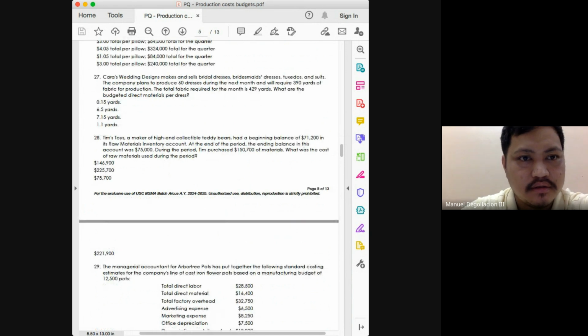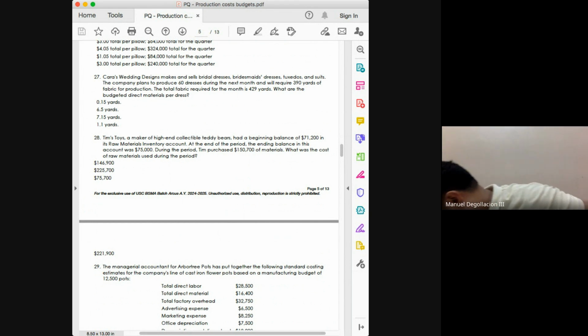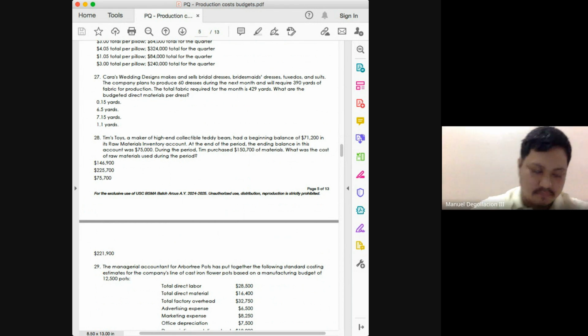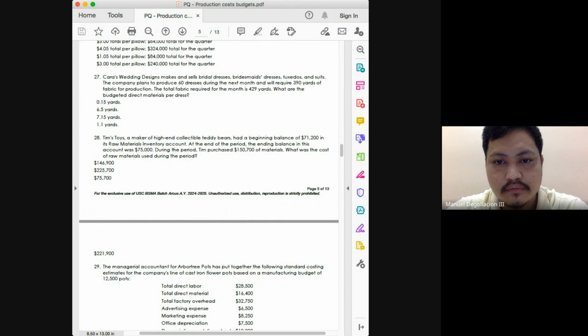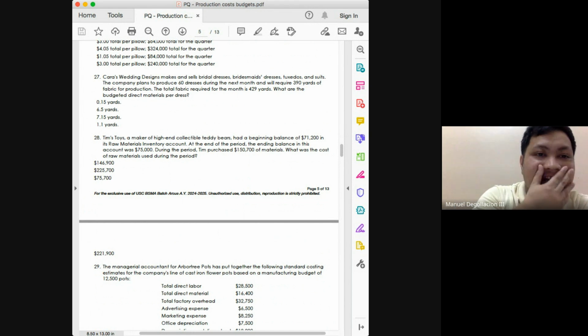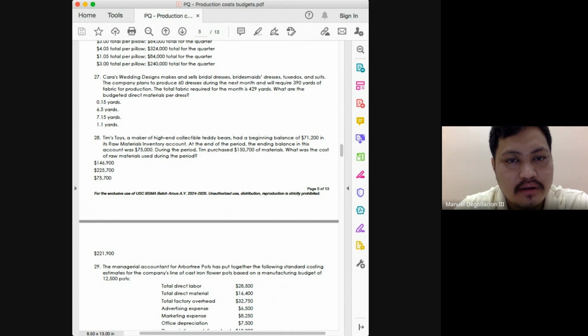27. Direct materials per dress. Okay. The company makes and sells bridal dresses, bridesmaids, etc. The company plans to produce 60 dresses during the next month and will require 390 yards of fabric for production.